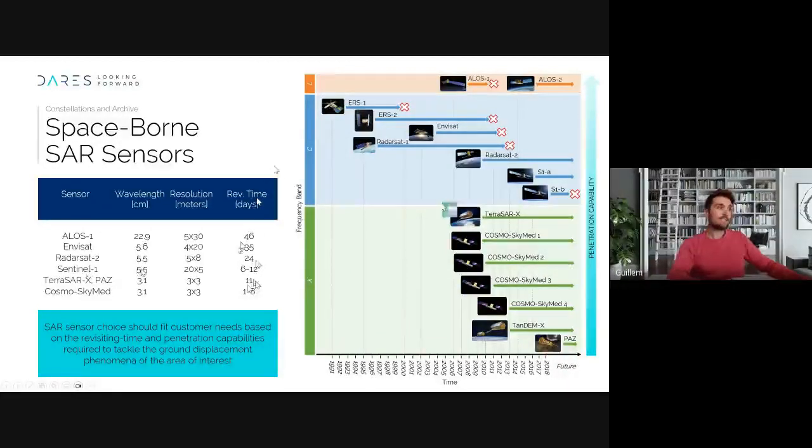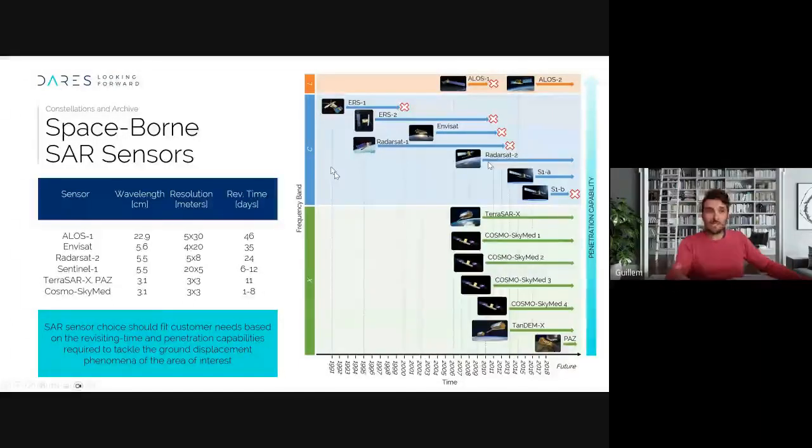But not only this, the frequency is also important because it gives you a clue about the penetration capability. For satellites like TerraSAR that are working at lower wavelengths, so at higher frequency, the penetration capacity is lower than for satellites like Sentinel, which are working with higher wavelengths, so lower frequencies.